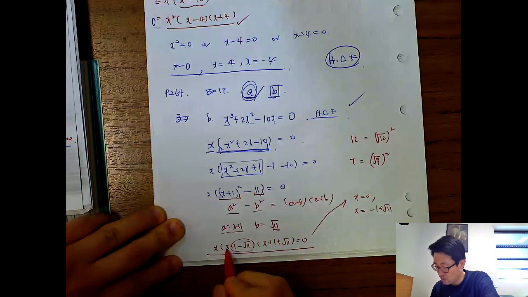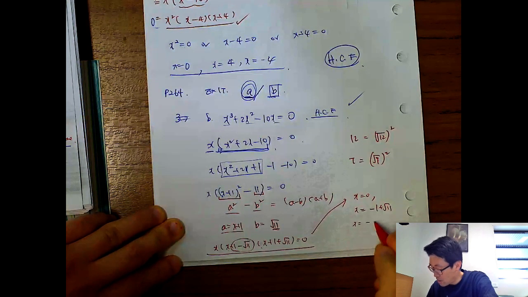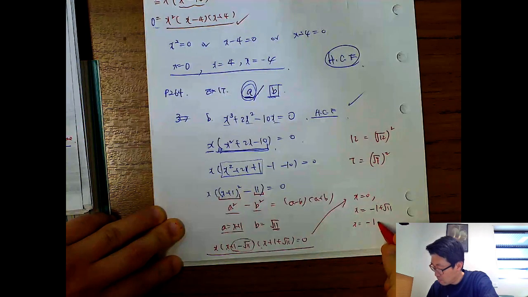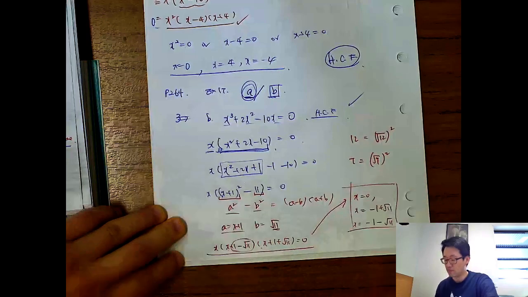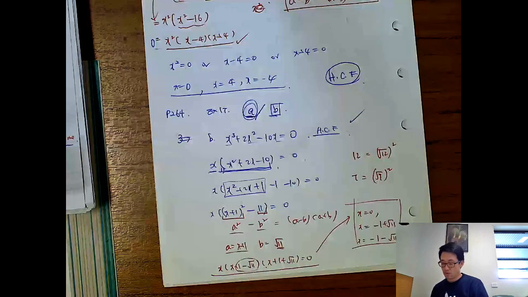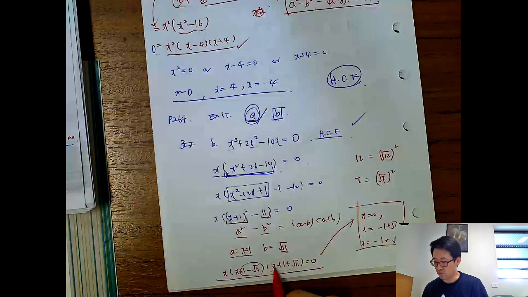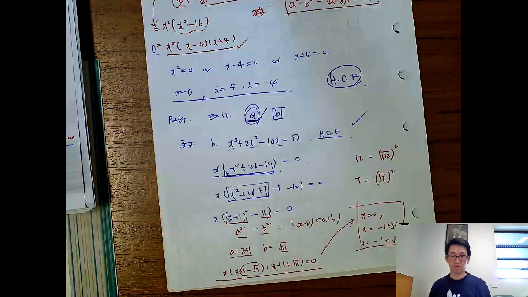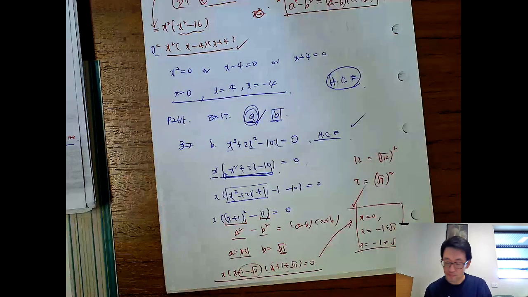And then from here, x equals minus 1 minus root 11. Good. When I plug in here, that will make it 0. Or just do x plus 1 equals plus or minus root 11, and then you can rearrange it. You will get the same answer. Okay.